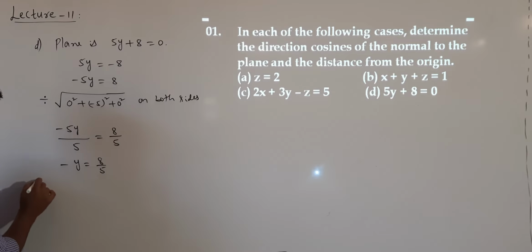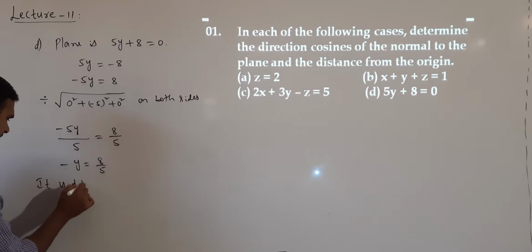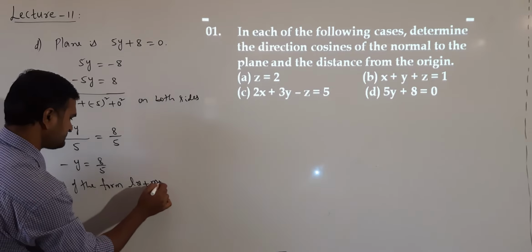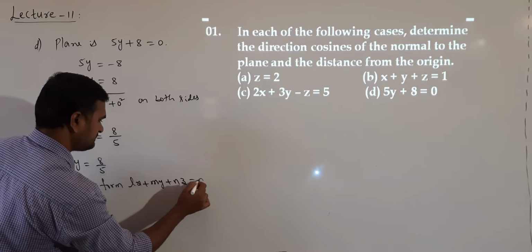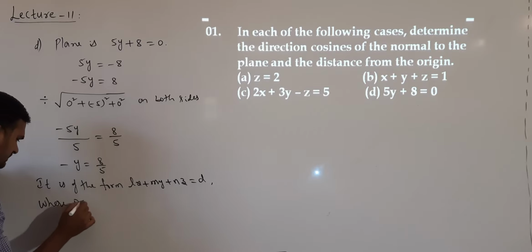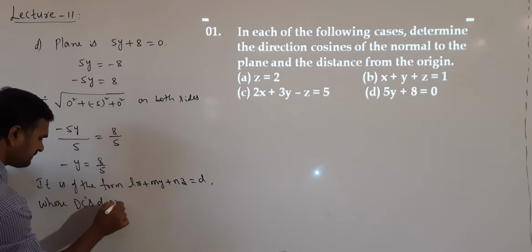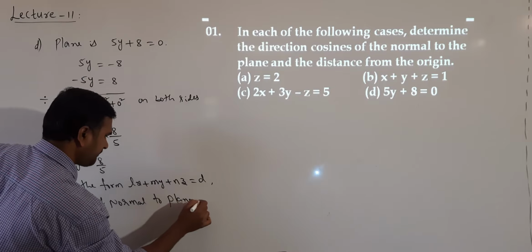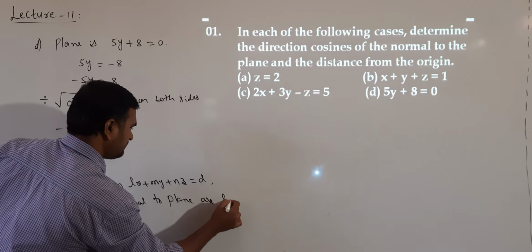This is of the form Lx plus my plus nz is equal to d, where DCs of normal to plane are l, m, n.